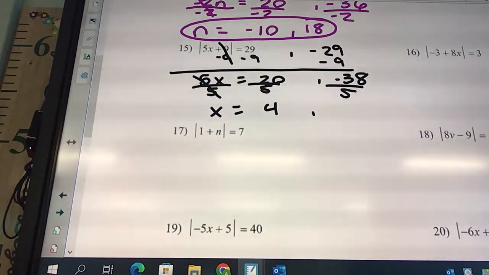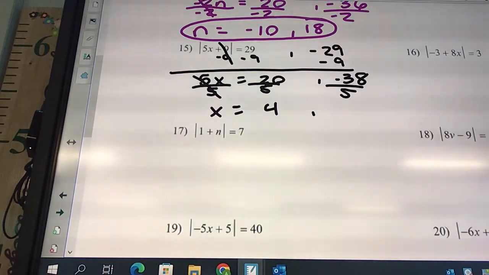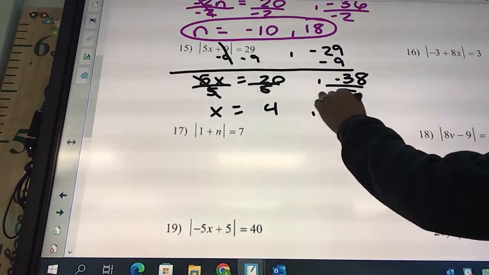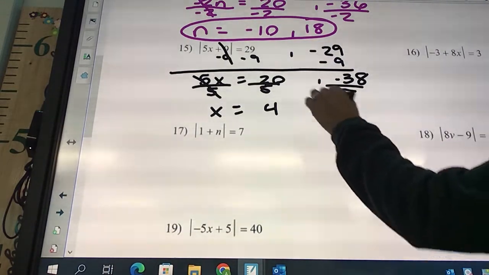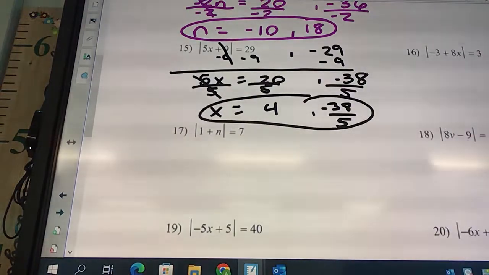Negative 38 divided by 5. What does it say? Negative 38 over 5. So that means you just leave it like that. Let me make sure I got my math right. So negative 29, minus 9, negative 38 divided by 5.